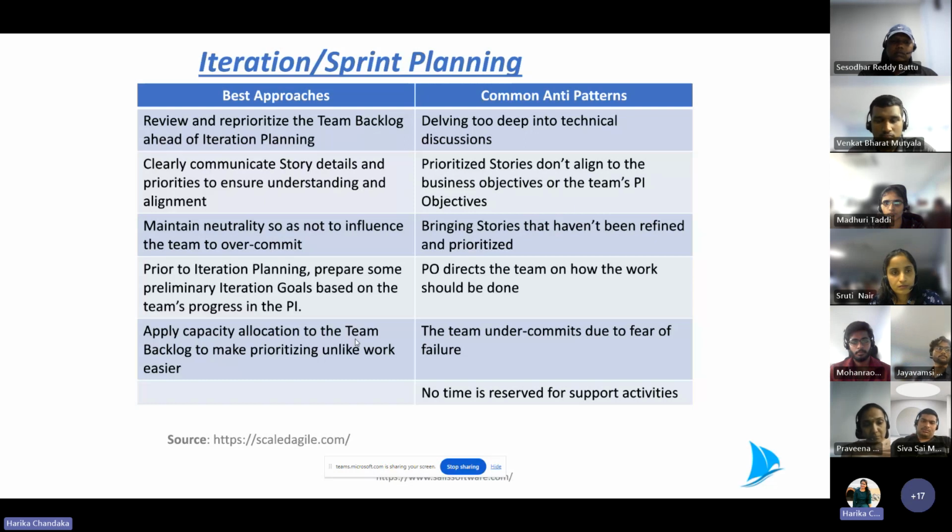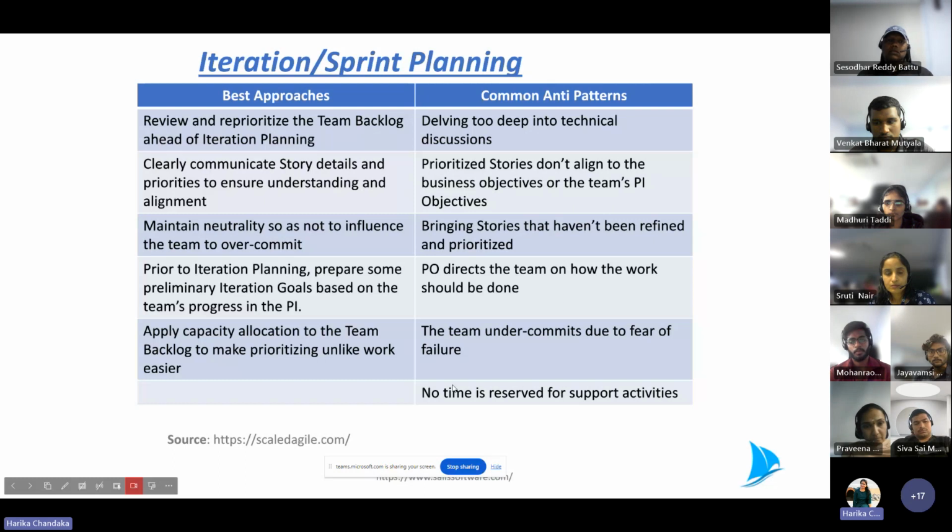So the product owners and the team work together to reach the PI goals rather than only the sprint goals. It should be progressing towards the PI goal as well as the sprint goal.